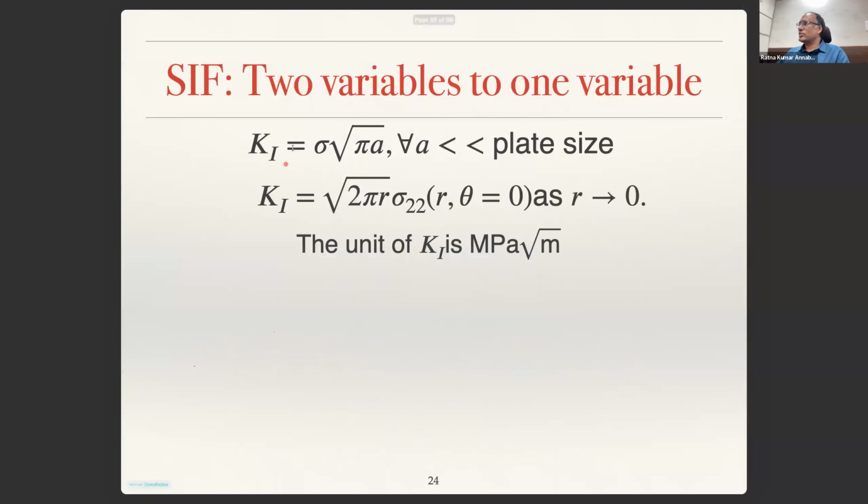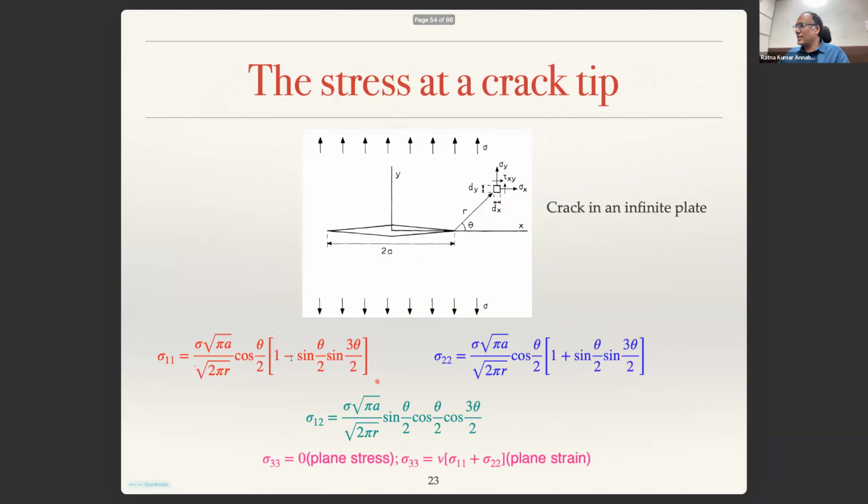So K1 is sigma root pi a, for a being much smaller than the plate size, and this sigma root pi a can also be written as sigma 22 times root 2 pi r at any r where theta is equal to 0 as r tends to 0. So what do I mean by that? If you plug in theta equal to 0 in this equation, then cos 0 is 1 and sin 0 is 0, so this will become 1.